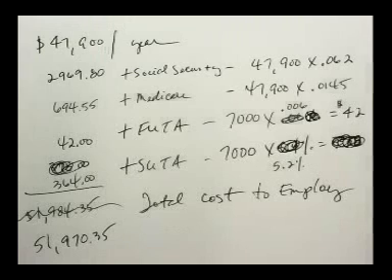And then 46,900 times 0.062 for Social Security should have been 2,907.80. Yeah, I got that. And Medicare would have been $680.05. Yeah.